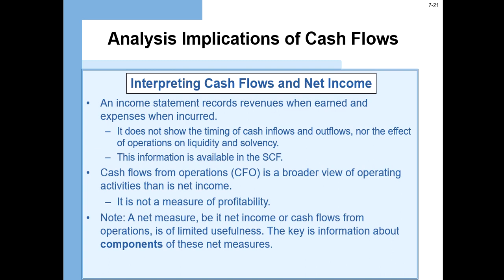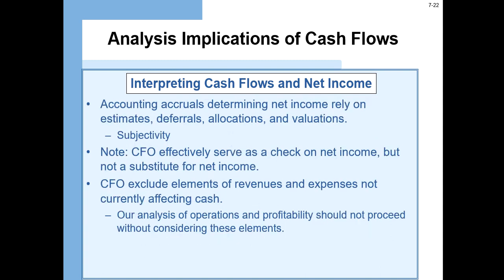We should look at the components of these measurements. Another thing is that cash flow from operations effectively serves as a check on the net income, but not a substitute, as I said. So you can control the net income through cash flow from operations, but it's not a substitute.